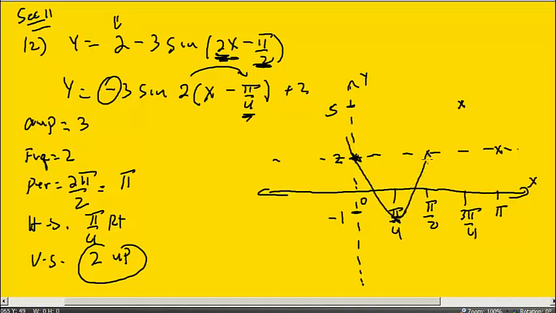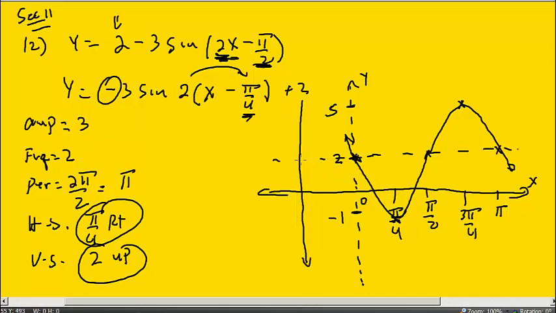The only thing I haven't done yet is the horizontal shift. And you know what I'm going to do with that? I'm going to shift my y-axis to do it. So I have to shift my curve pi over 4 units to the right, or shift my axis pi over 4 to the left. So I'm going to shift my axis here, and that's going to be my new 0.